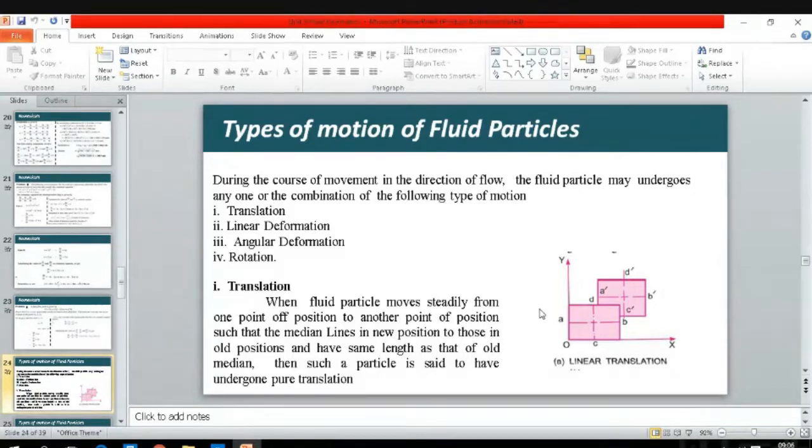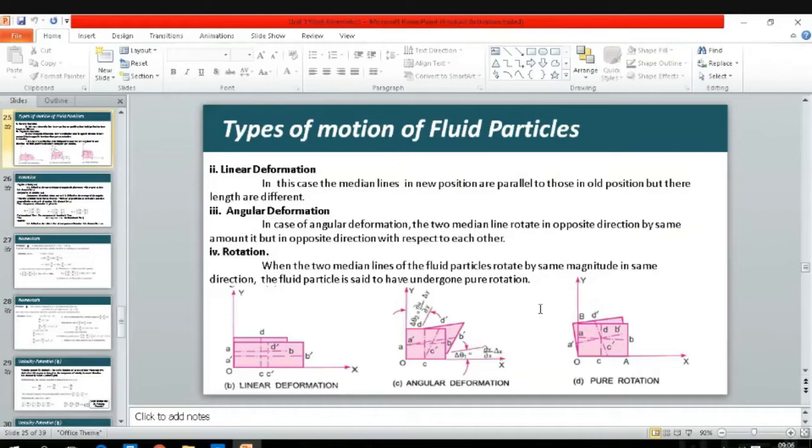So if a fluid particle moves from one point to another such that in the new position, the median lines are parallel to those in the old position and are equal in length. Okay. So that type of motion is called pure translation. And second is linear deformation. So in linear deformation, during the movement of the fluid particle, the median lines remain parallel to the old position.